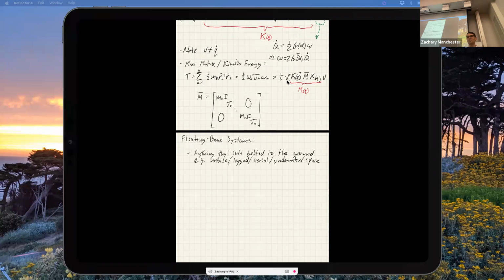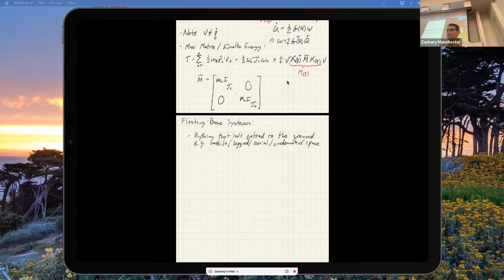Anything that has legs, wheels, flies, swims, or is in space is where the floating base thing happens. Anything that isn't bolted down in a factory.